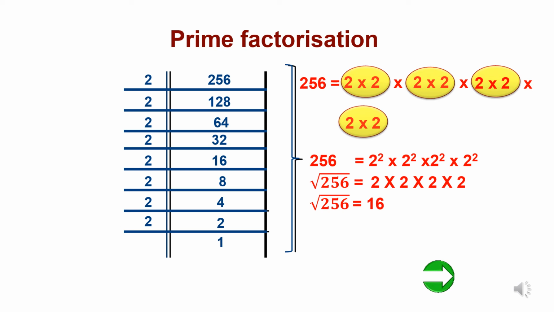You can check over here, and those 8 twos we need to make pairs of. Now listen, in the first yellow circle we have taken 2 times number 2, then the second group again 2 times number 2 covered, again 2 times number 2 covered, and again. So 4 groups are created for the given number 256.